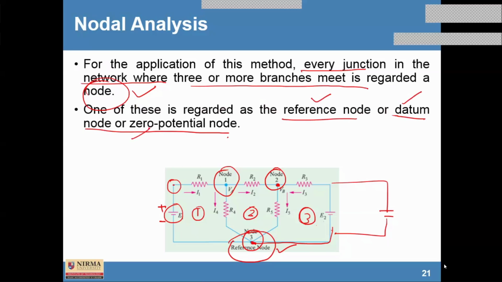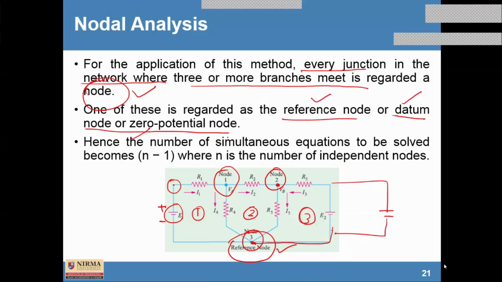Then here, how many equations can be evaluated through this method? Here, one node is considered as the reference node. In this network, there are three different nodes. So n is the number of nodes, and we take n minus 1, because this reference node we are going to deduct.